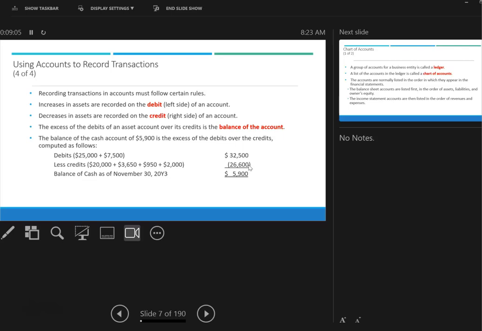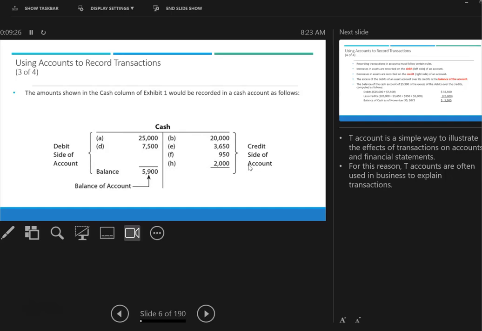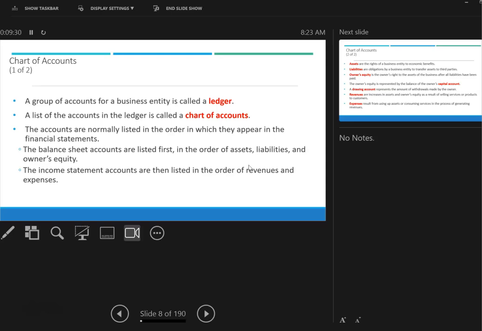So the balance of the cash account of $5,900 would be the excess of the debits over the credits. If the debits are $32,500 and the credits are $26,600, the balance is going to be $5,900, shown here. Does that make sense? Okay.